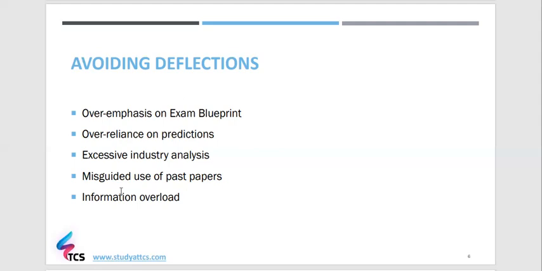Okay, so it's of utmost importance that when attempting your mock exams, you attempt valid and quality mock exams, rather than just simply going through the past variants, because you can't pass if you go through past variants only. Okay, so misguided use of past papers.